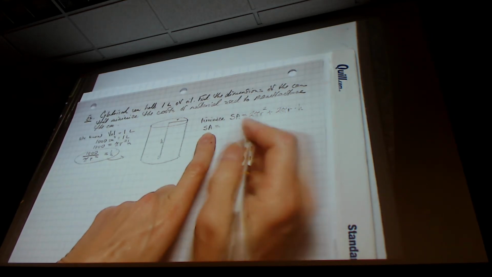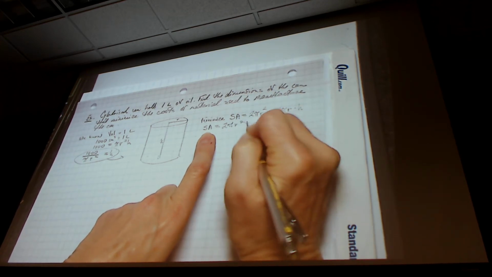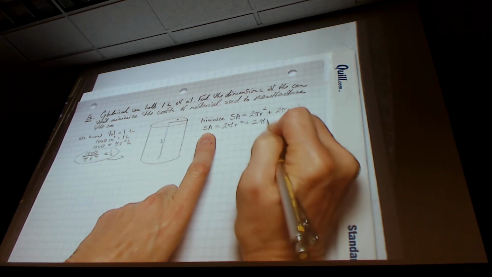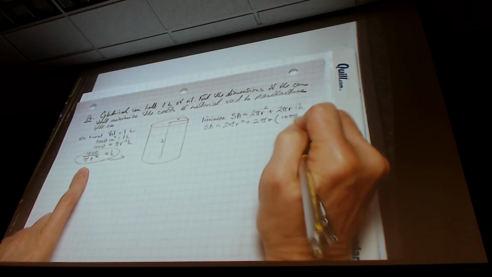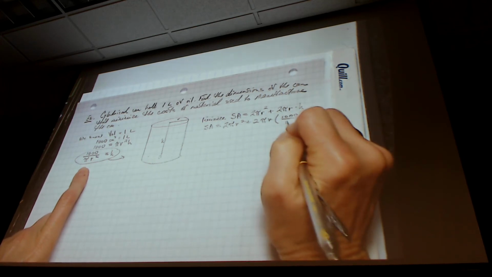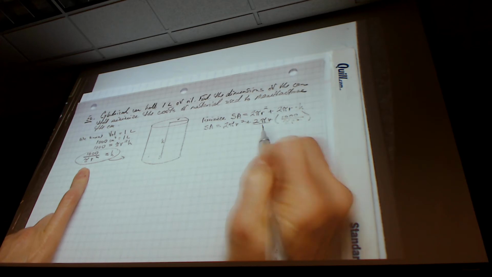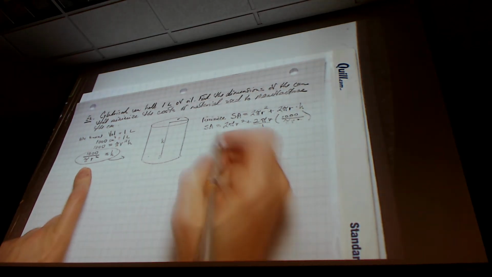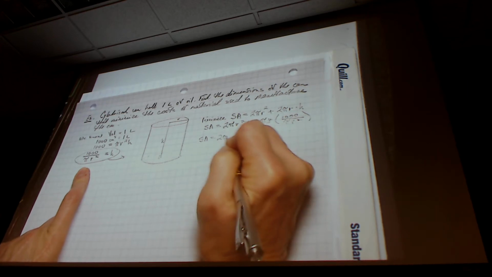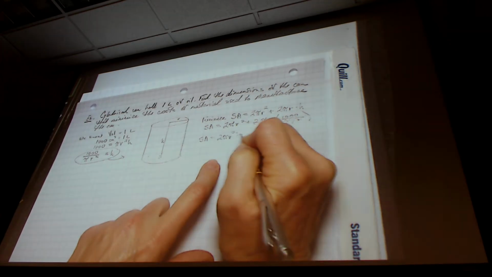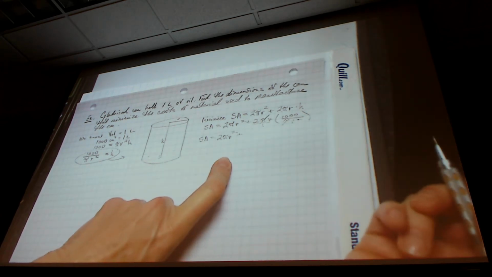So the surface area is 2 pi r squared plus 2 pi r times h, which is now 1,000 divided by pi r squared. Now I'm going to put the 2 pi r over 1 since I'm multiplying it times a fraction, and let's keep simplifying. 2 pi r squared plus, well, okay, the pi over pi is 1, isn't it?